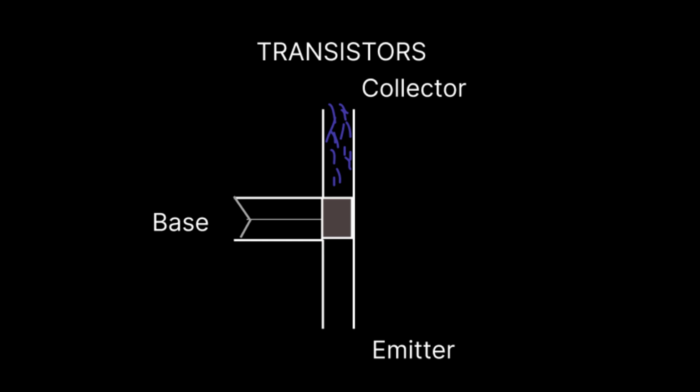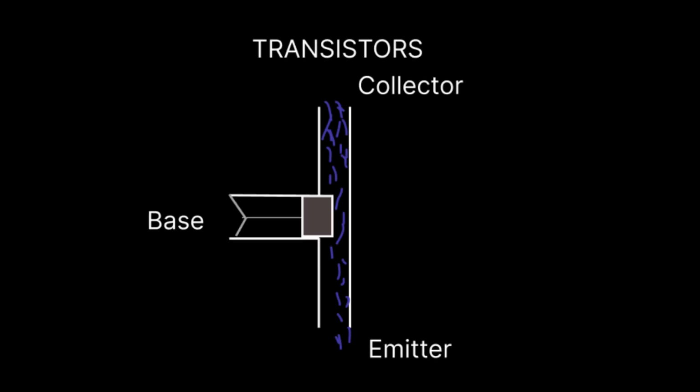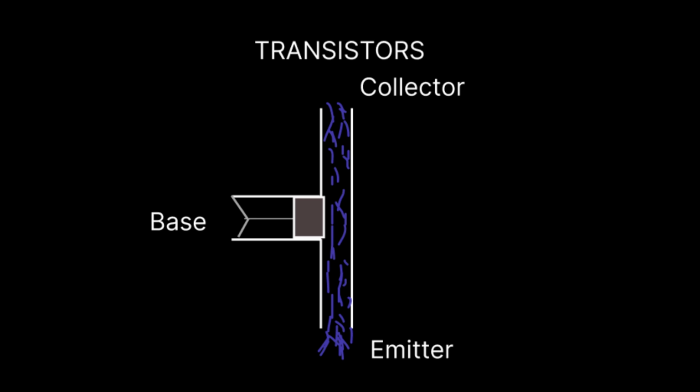And in very much the same way, if you turn the tap slightly, only little water comes out. If you turn the tap fully open, then more water comes out. And it's the same thing here. If a small current is passed to the base, then some current flows, but the more current that flows into the base, the more current will flow from the collector to the emitter. And that's how a transistor works, just like a switch.